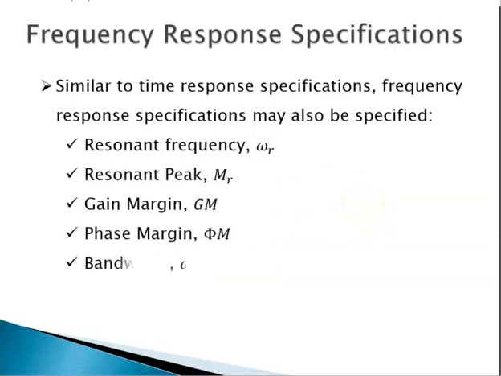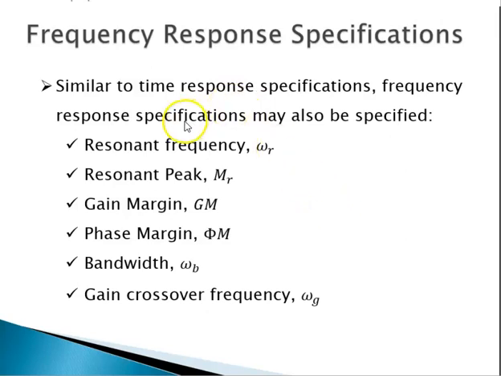Just like we specified rise time, peak overshoot, and settling time, you have something similar in frequency response. You have resonant frequency, resonant peak, gain margin, phase margin, bandwidth, and gain crossover frequency.